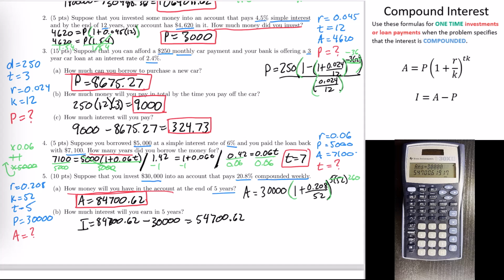Now that might seem like a really high number, but that makes sense because the account is paying 20.8% interest, which is a really, really high interest rate. That's the type of interest that credit cards usually charge. So it makes sense that there's a lot of interest being earned over those 5 years. So that's how you would do question 5.